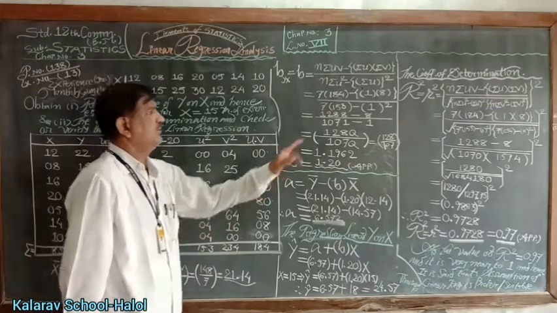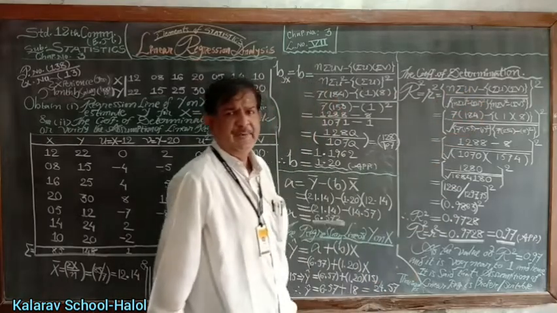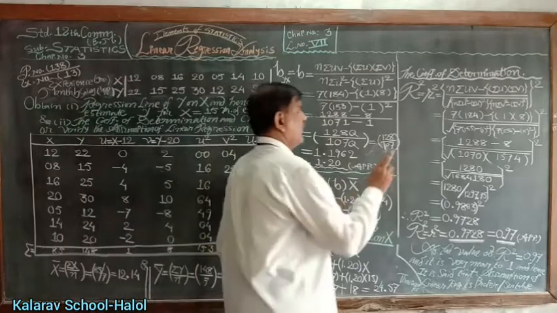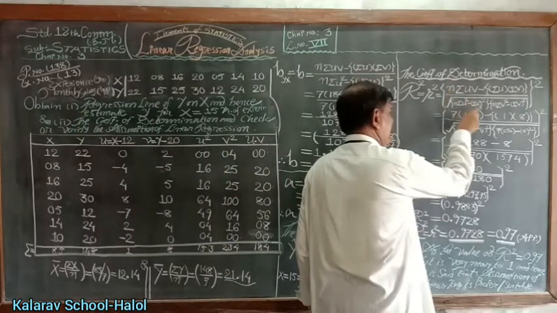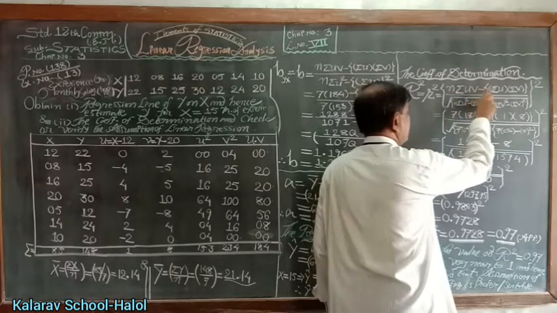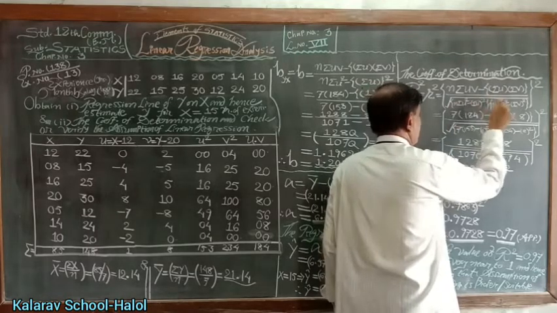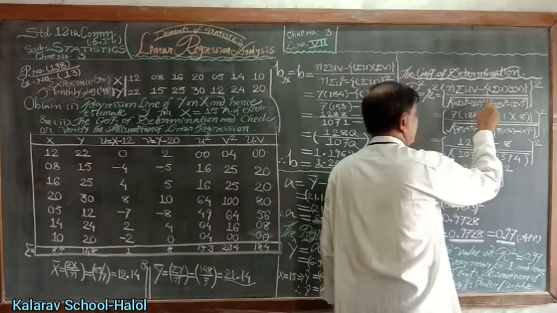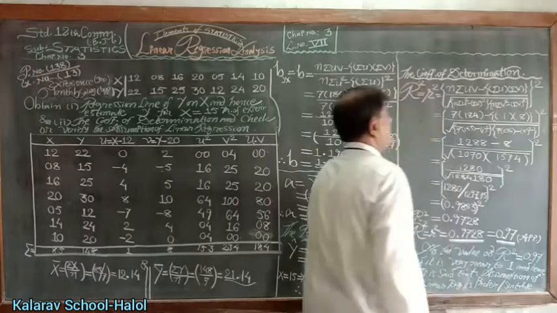Next, the second item: the coefficient of determination, capital R square, is nothing but small r whole square. The formula for the Karl Pearson coefficient of correlation is the same: n times sigma uv minus sigma u sigma v, upon the square root of n times sigma u square minus sigma u whole square, in another bracket n times sigma v square minus sigma v whole square.